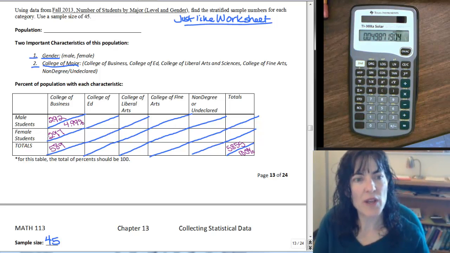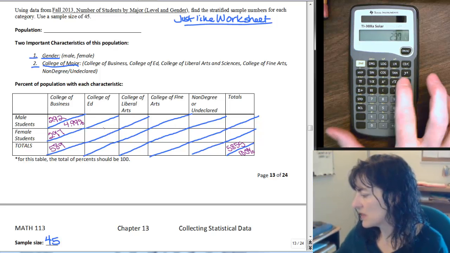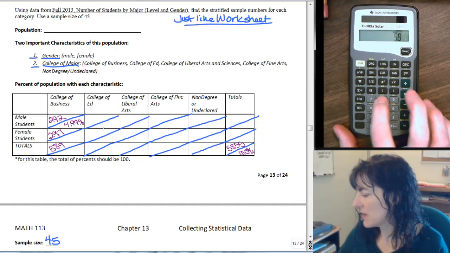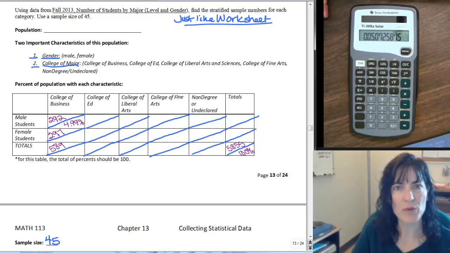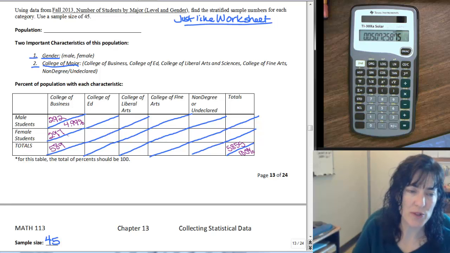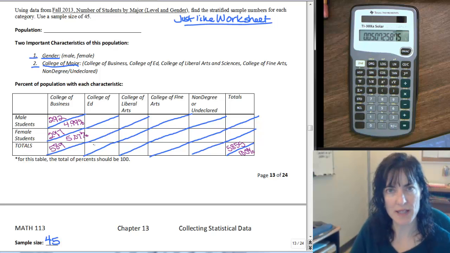And now I can do the same thing for the females, so 297 divided by 55, and I get 5.07. The next digit's 2, so I'm just going to leave it 5.07%. Make sure you put your percent signs on there.